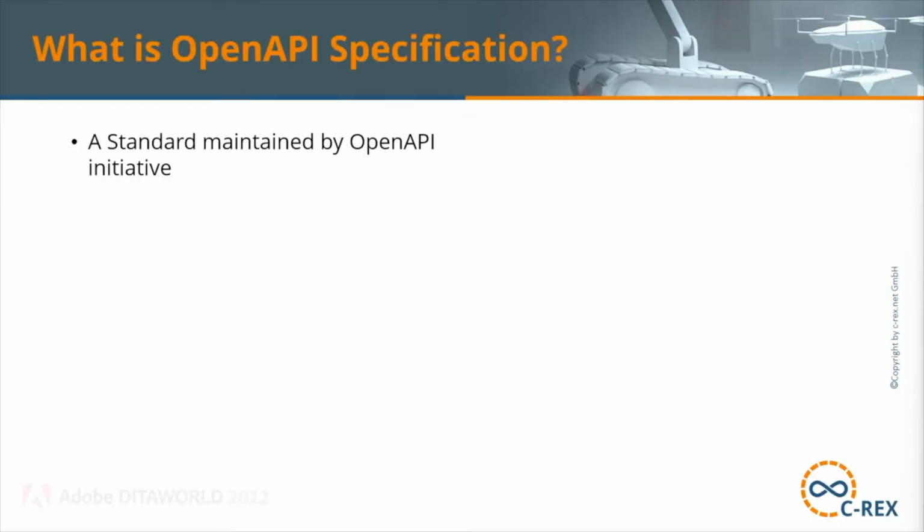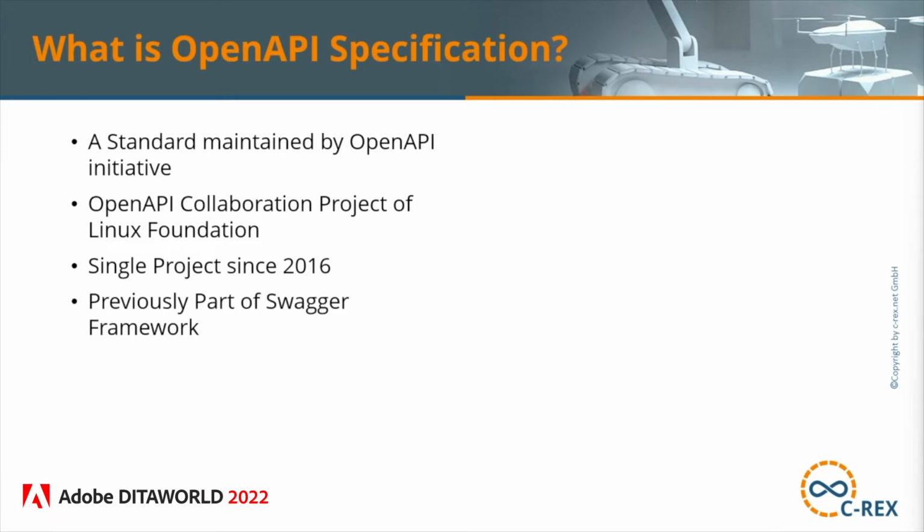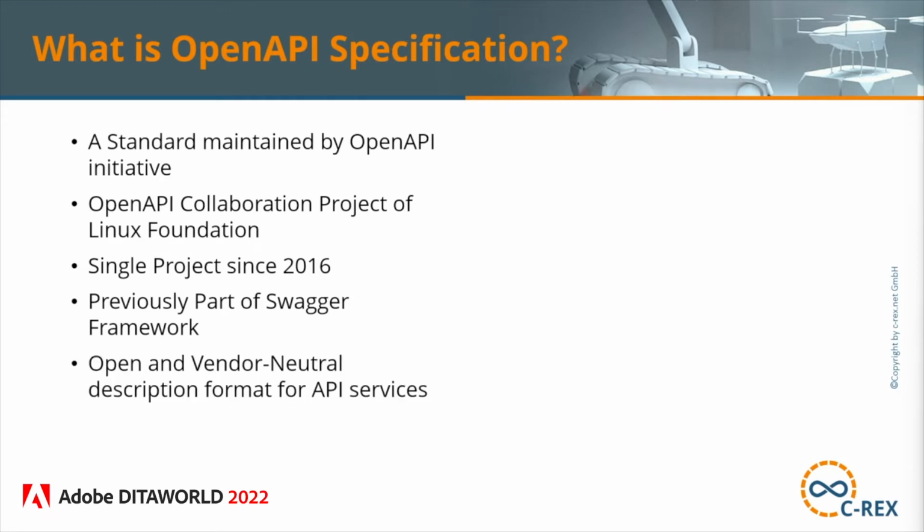OpenAPI is a standard maintained by the OpenAPI Initiative. It is a collaboration project of the Linux Foundation. It became a single project in 2016, and it previously was part of the Swagger framework. It is a description format for API services in an open and vendor-neutral way.